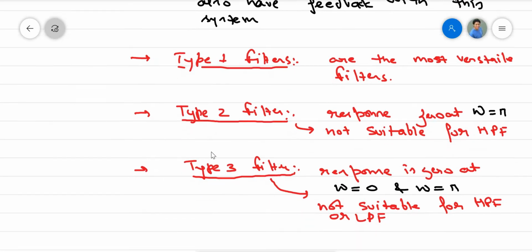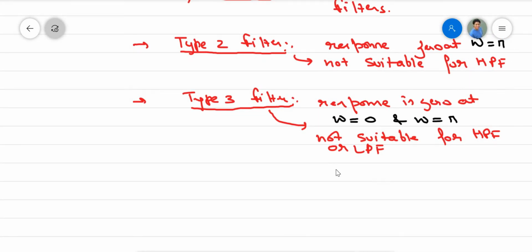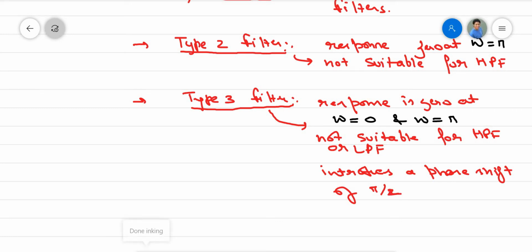But the type 3 filter introduces a phase shift of pi by 2.